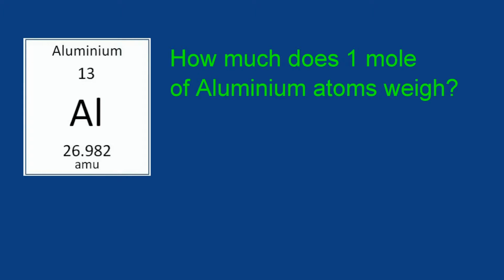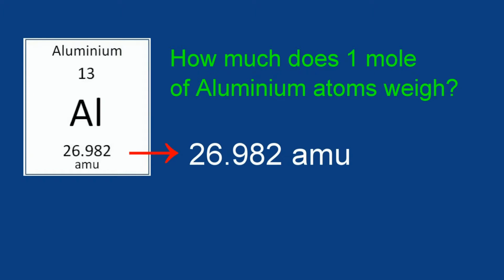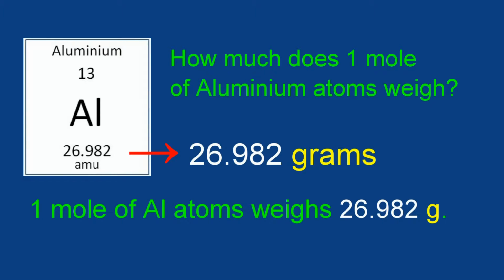Okay, so how much does 1 mole of aluminum atoms weigh? Well, we take the AMU number, and once again, we erase the AMU, and we write in grams, and we have our answer. 1 mole of aluminum atoms weighs 26.982 grams.